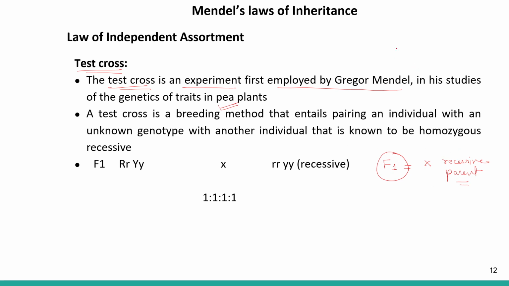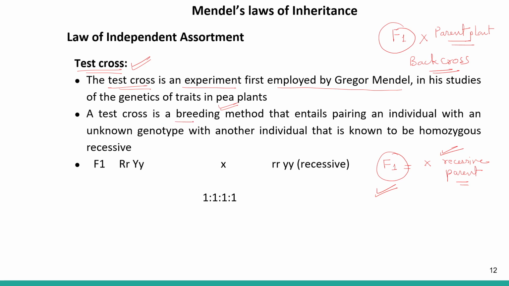And when the F1 generation plant is crossed with any of the parent plants, whether it is dominant or recessive, then it is called a back cross. That is called a back cross. But specifically when we are taking the F1 plant and the recessive parent, then that will be called a test cross.